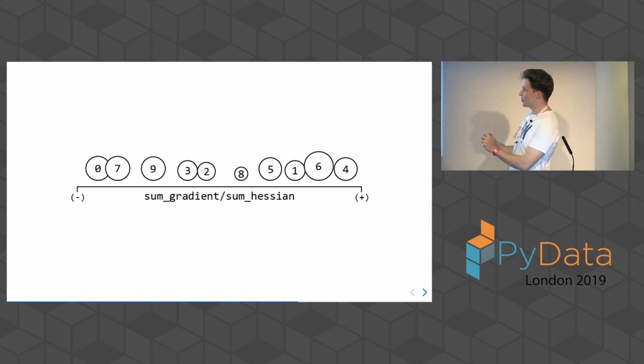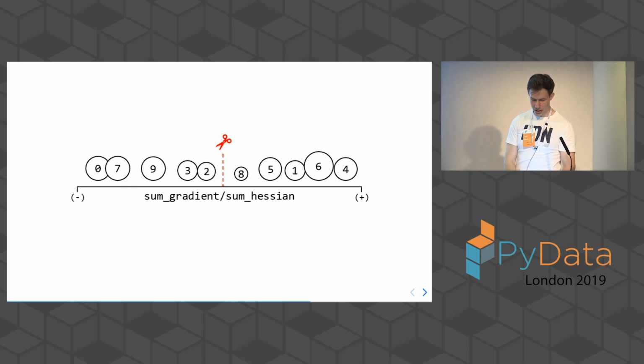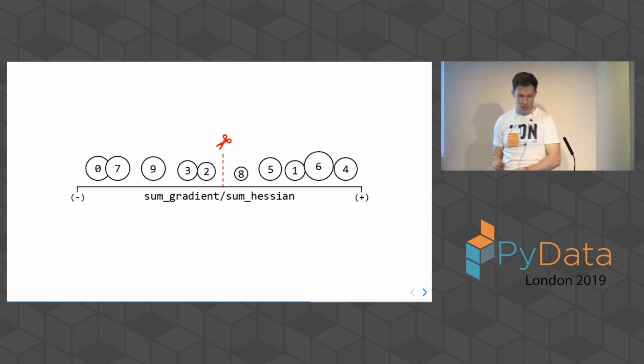But basically, you take the groups, say you have 10 groups, LightGBM will order them from some gradient, some Hessian, basically big positive errors on the right to big negative errors on the left, and then it will look for a split between those. And what the cat smooth parameter will do is take small groups, like 8 here, and shrink them towards the center, which will affect where the split's found.